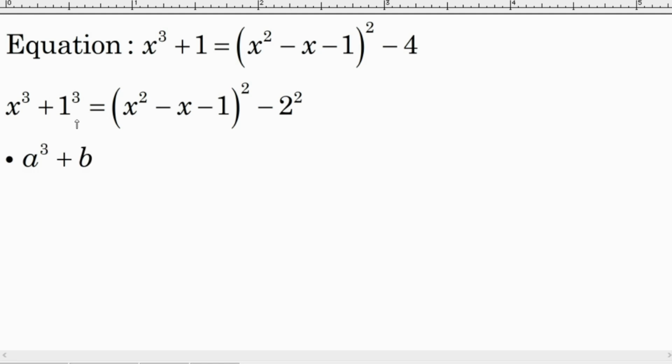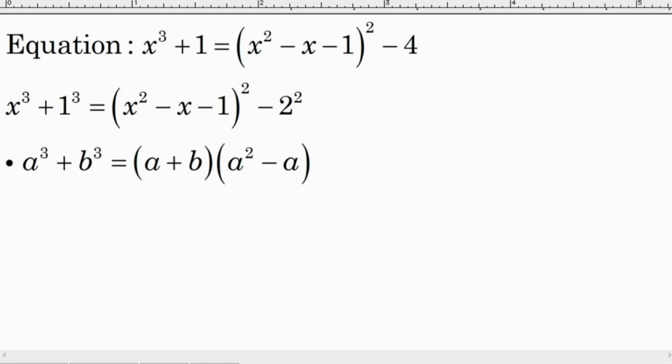And a cubed plus b cubed equals (a plus b) factor (a squared minus ab plus b squared).